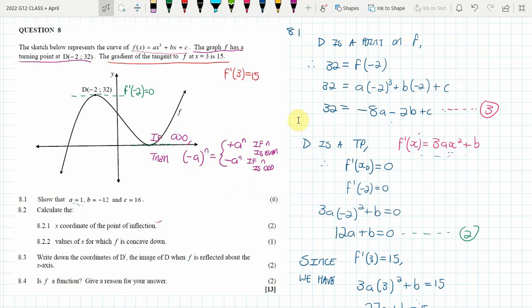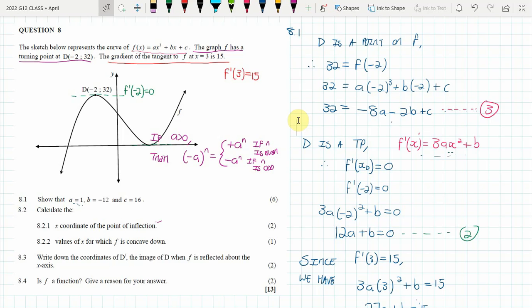The x coordinate of the point of inflection. We look for the second derivative. Yes, so look for the second derivative and then do what?